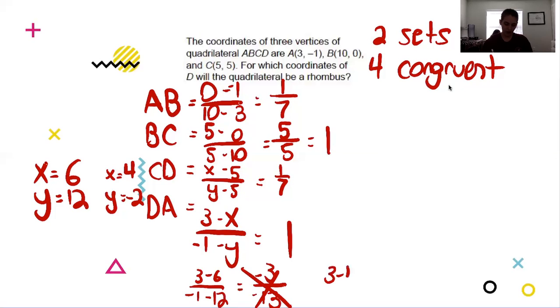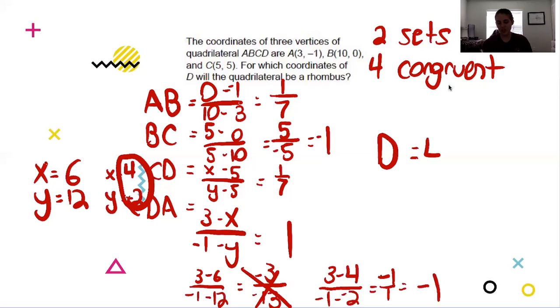Trying the next one, I have 3 minus 4 over -1 minus -2. I get -1 over 1. Now I'm seeing up here that this should have been -5 and this should have been -1. Sorry, y'all, mistakes. But now I have my point for D.